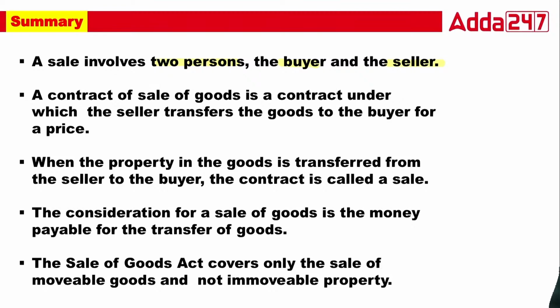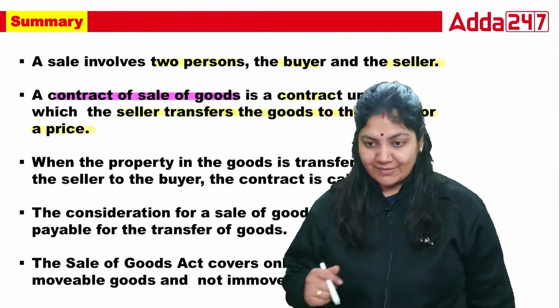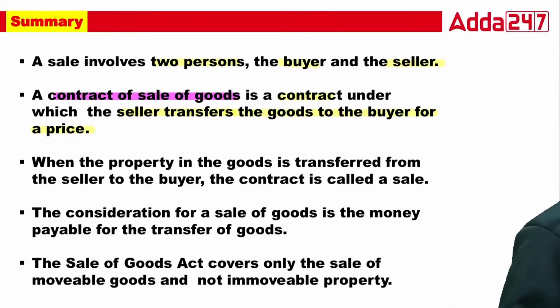A contract of sale of goods is a contract under which the seller transfers the goods to the buyer for a price. When property in the goods is transferred from seller to buyer, the contract is called sale.